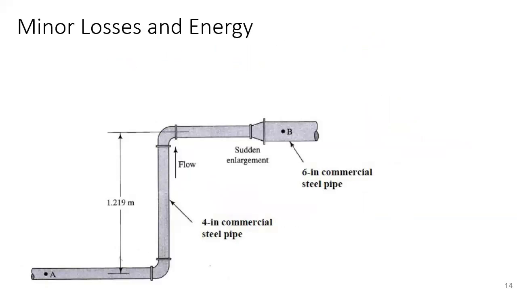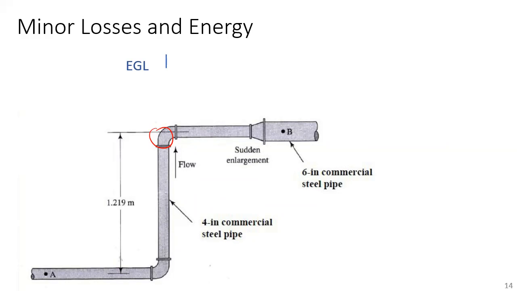So just to give you a feel for how we use this, here's a piping system. And for this piping system, let's say we want to sketch the energy grade line. And for the energy grade line, I'm going to start at this bend so it doesn't get too busy. So at the bend, we have a drop in the energy grade line because at a bend, we have a minor loss because we changed the direction of the velocity vector.